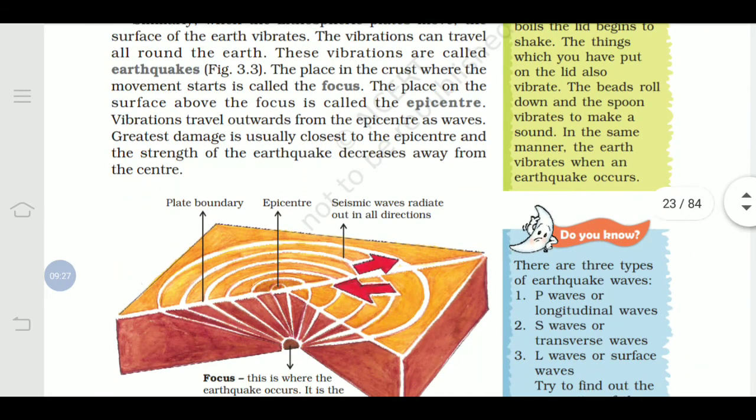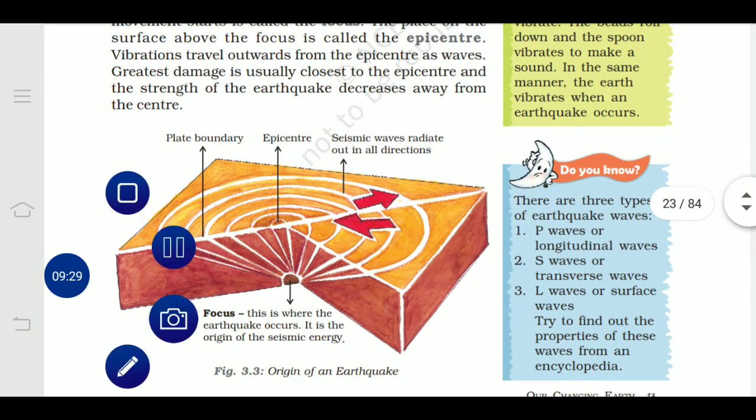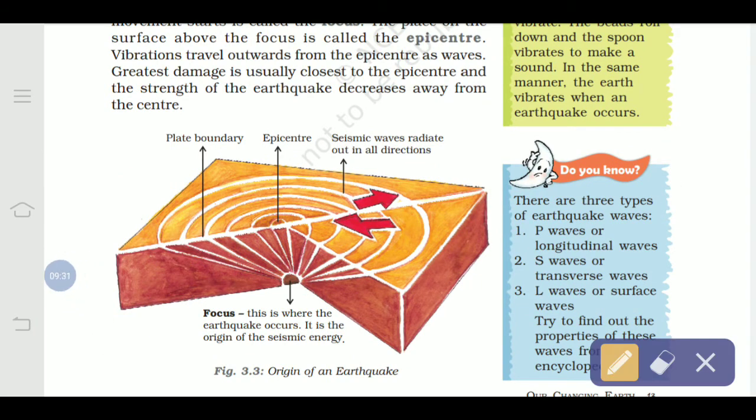You can see the diagram over here, the earthquakes. From where this vibration starts, that is called the focus. Similarly, from the center point at the top, the vibration reaches up to the surface of the earth, and the point where it starts is called the epicenter.